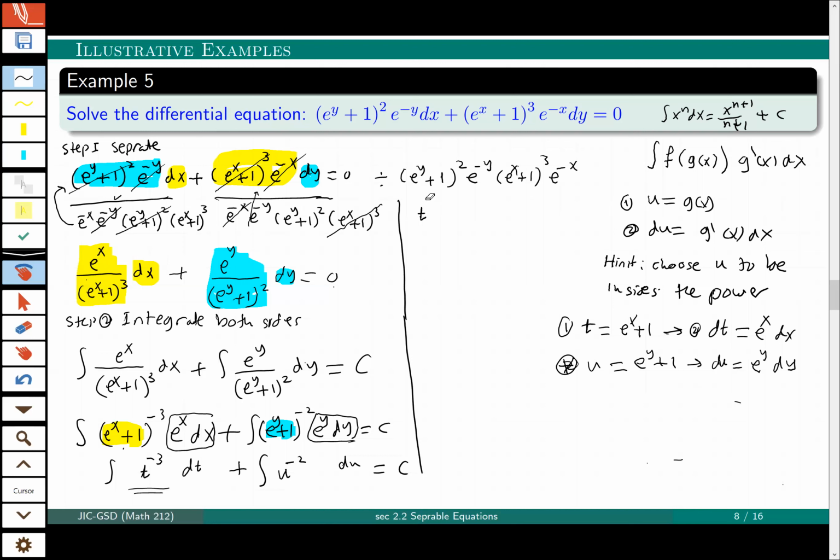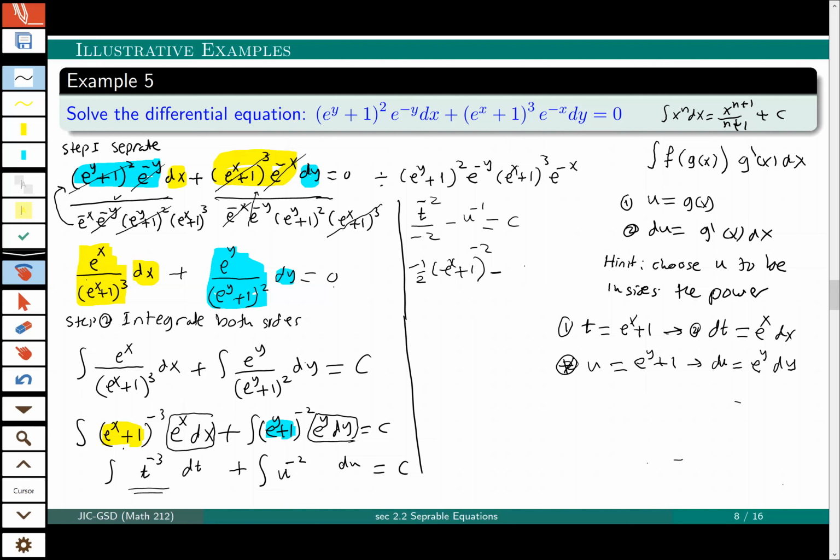Now, when we integrate, we get t to the power minus 2 divided by minus 2, minus u raised to the power minus 1. So now we must replace the variables with the original variables, which means I must replace t by e to the power x plus 1, raised to the power minus 2, minus, I have to replace u by e to the power y plus 1.